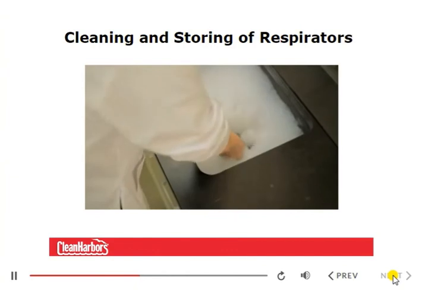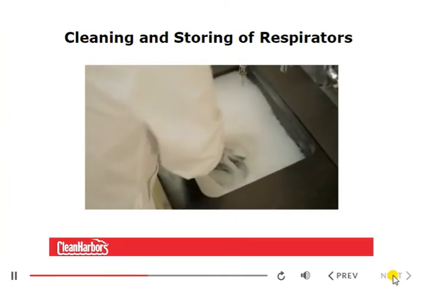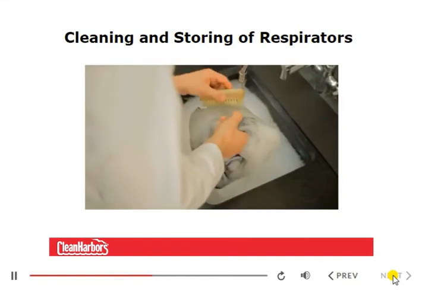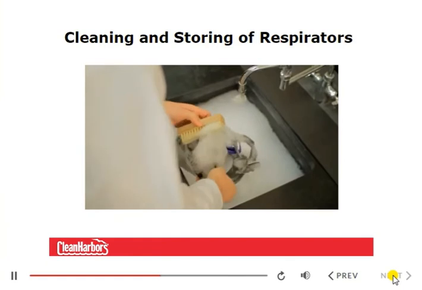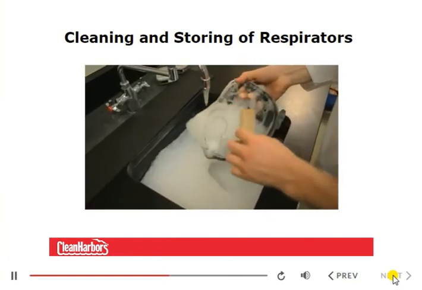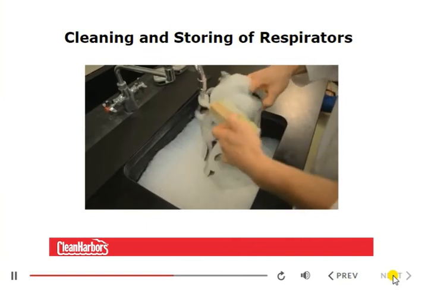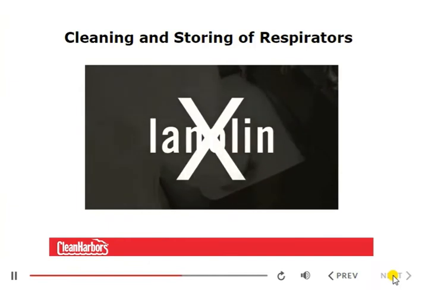After removing filters and cartridges, clean the facepiece by immersing it in a warm cleaning solution, the temperature of which should not exceed 120 degrees Fahrenheit or 49 degrees Celsius. Scrub with a soft brush until the facepiece is clean. You may add a neutral detergent, but do not use cleaners containing lanolin or other oils.